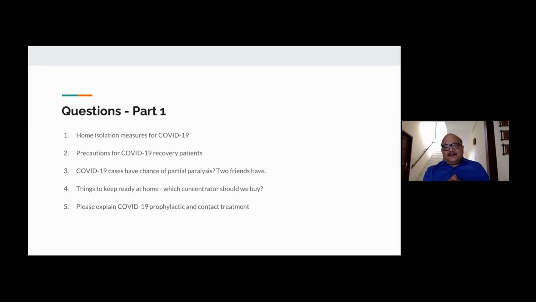And this point I want to stress in adults during and after COVID treatment. Your sugar during the treatment and after treatment should be maintained below 200 by any means, whether it's by medicines, and most patients I advise them to take insulin if their sugars are high.